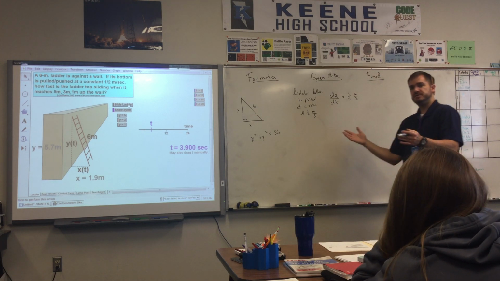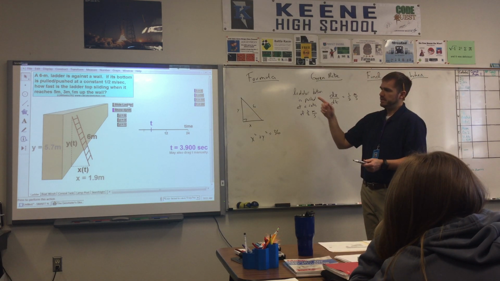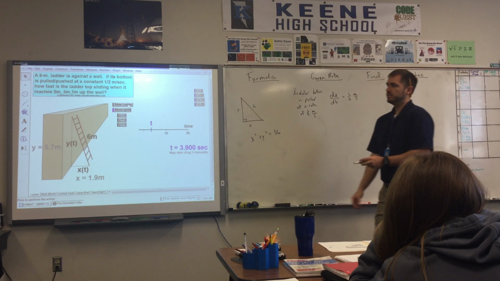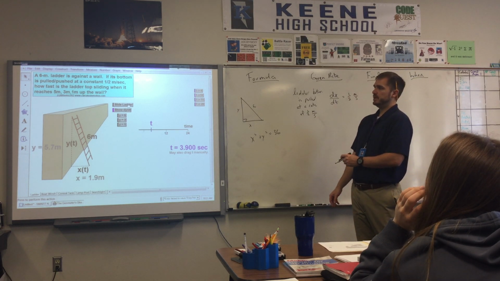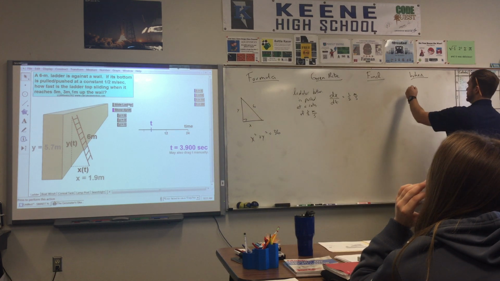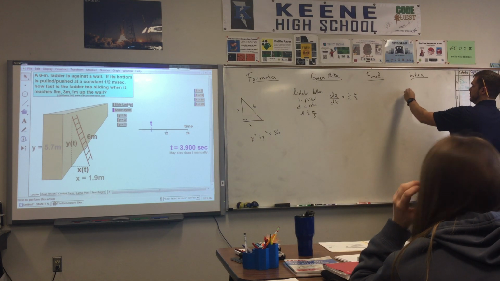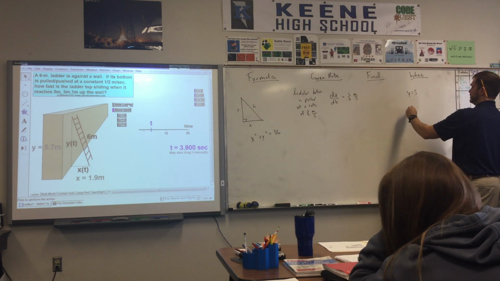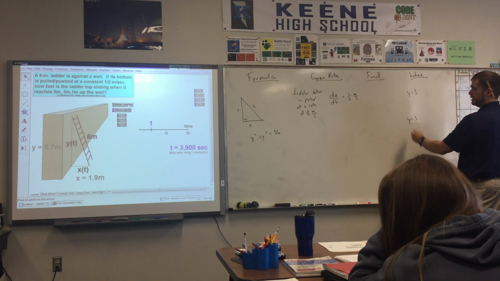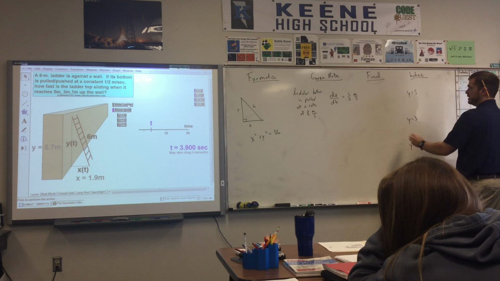Now, find. What are they asking us to find? The question says, how fast is the ladder top sliding down when it reaches 5 meters, 3 meters, 1 meter up the wall? Well, it actually says when. So our when is when y equals 5, when y equals 3, and when y equals 1.